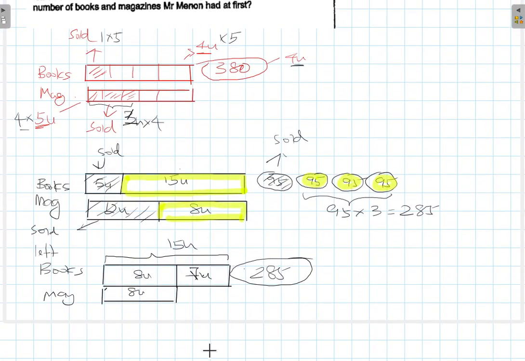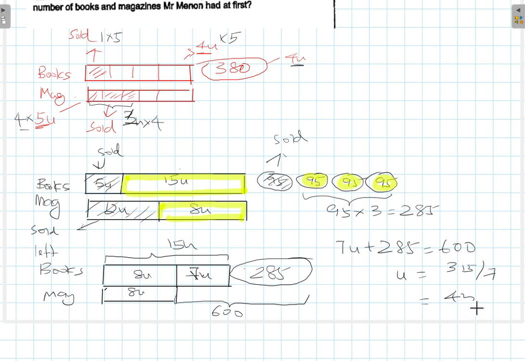So more will be this portion here, right? How many more? 600 more. So you know that 7 units add 285 books will be 600. And then when you do the calculation, you notice that 1 unit equals 315 divided by 7. So 1 unit will be 45. Correct?